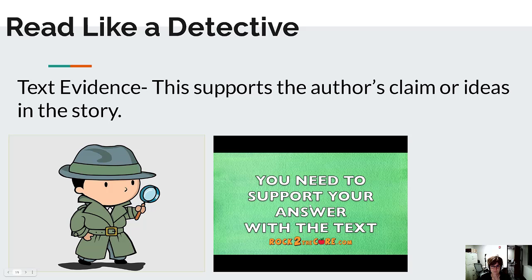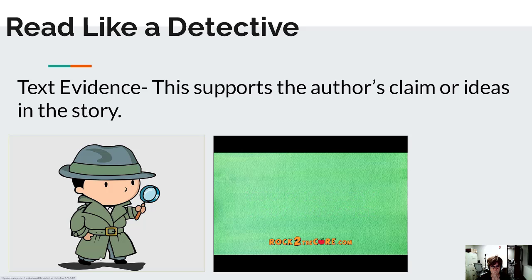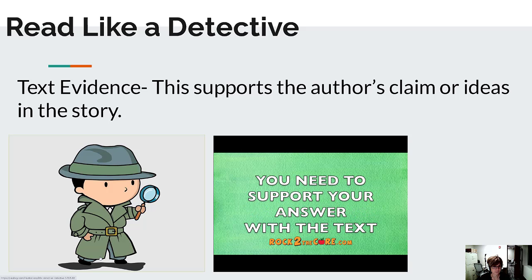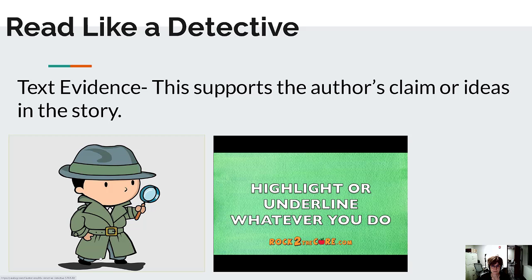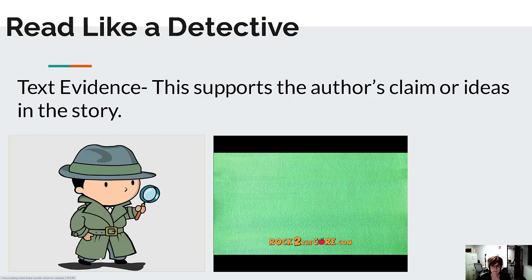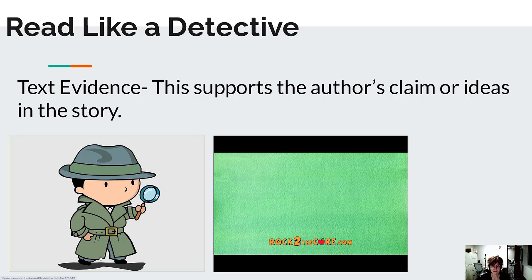You need to support your answer with the text. You can show your evidence. Highlight or underline whatever you do. You've got to show proof that your answer is true.